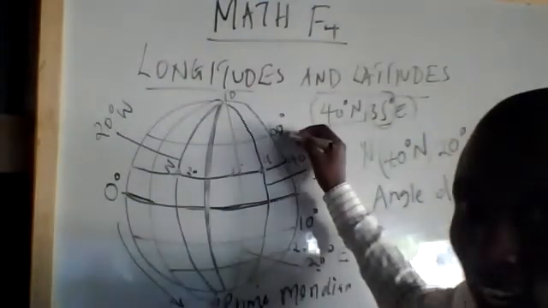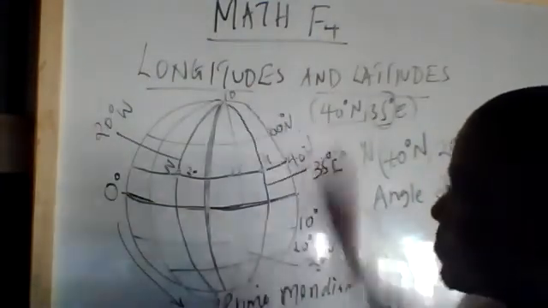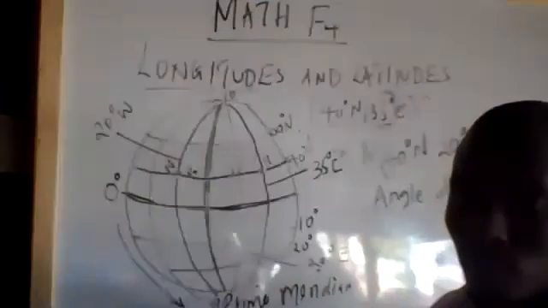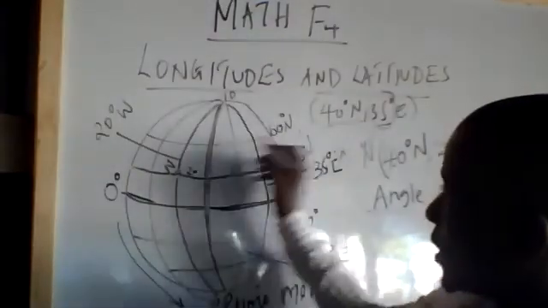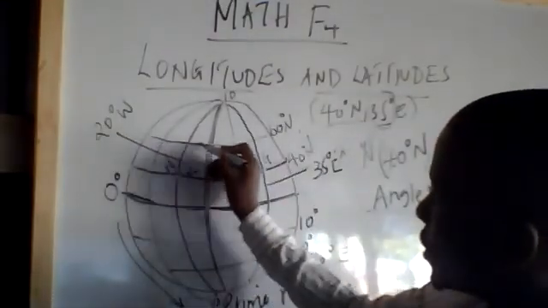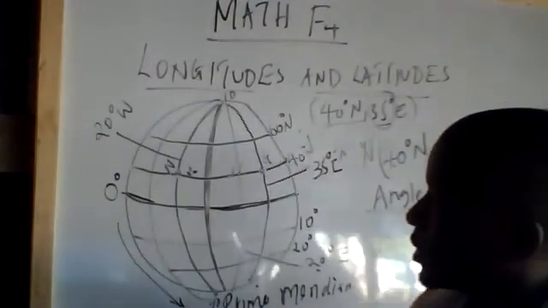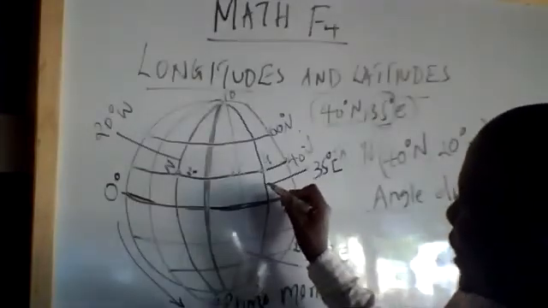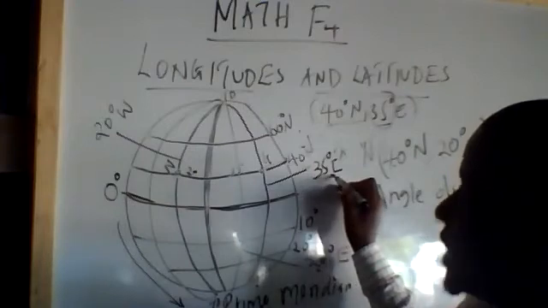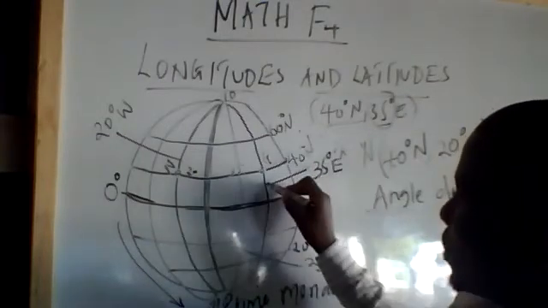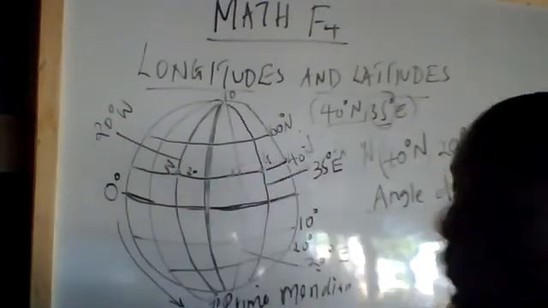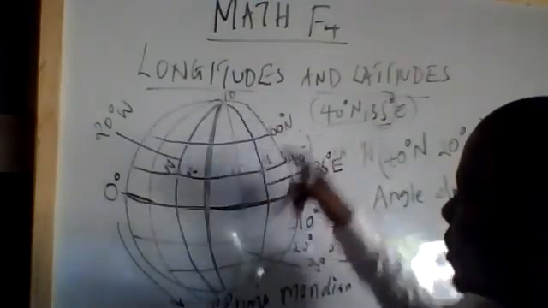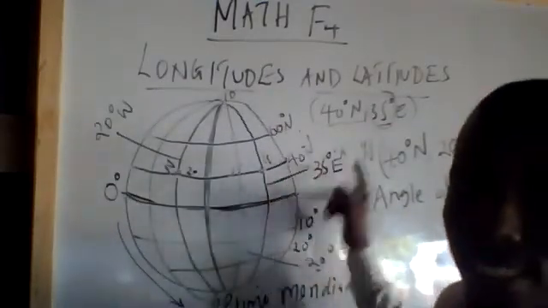There is a line here which is called 60 degrees north. And then we have a line which is called 35 degrees east. This particular line which is here.